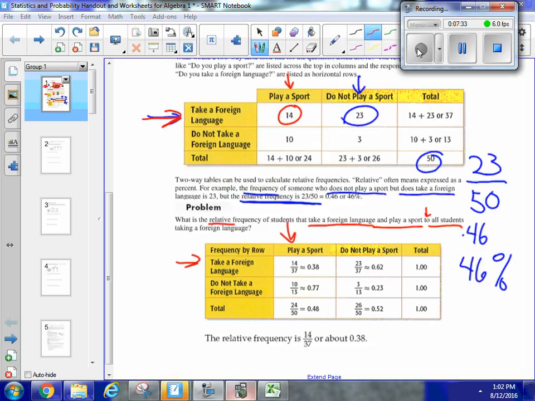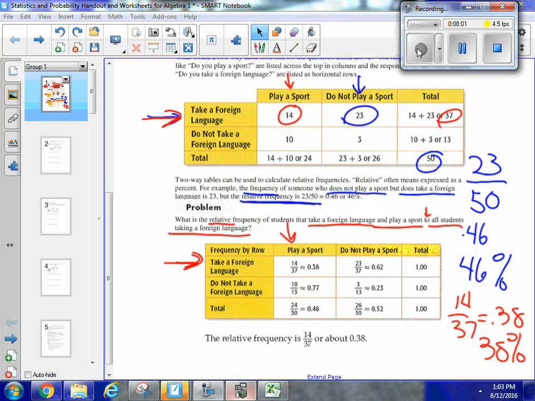Well, all the students who take a foreign language, that's 37. So I'm going to have a ratio of 14 to 37, 0.38, 38%. That's telling me that 38% of the students who take a foreign language also play a sport.